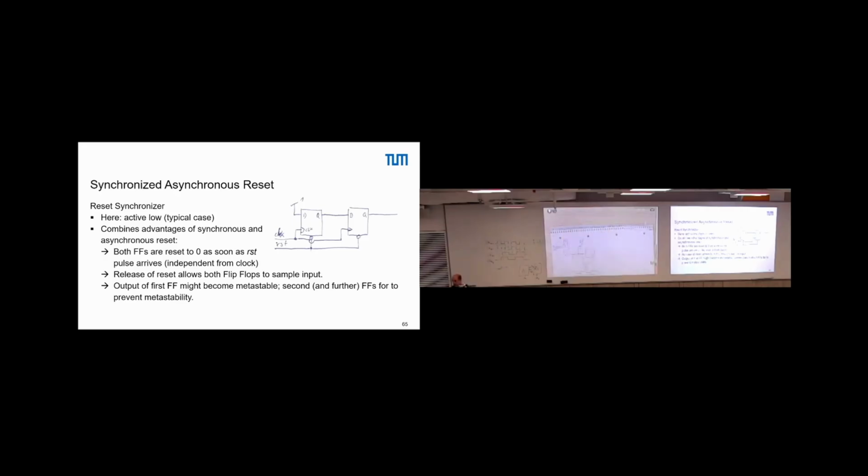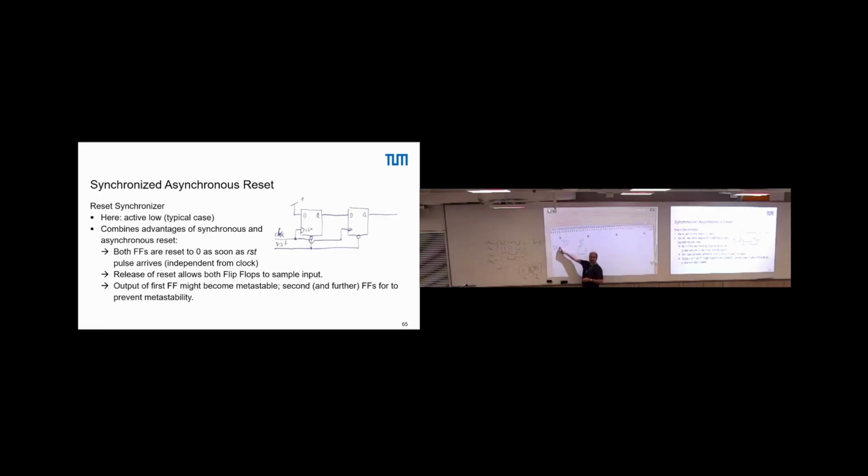So what would happen now? Assume D is 1. It's not fully what we have on the slide, so I do not want to put 1 here, but assume we just put 1 here. What happens to our circuit now?